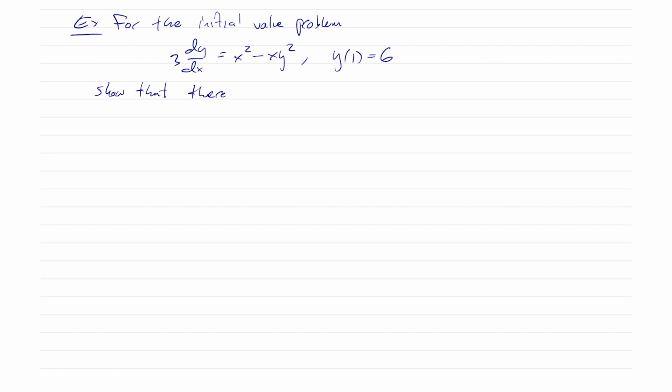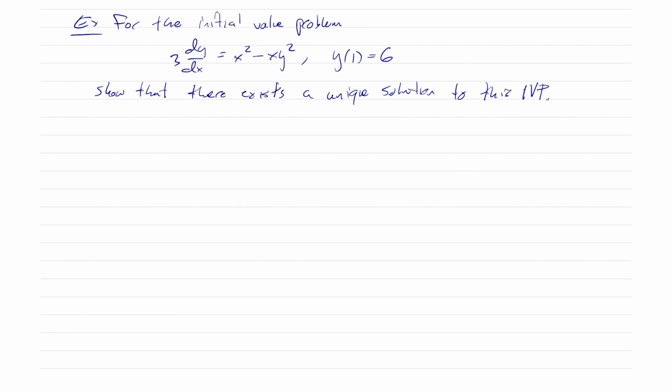For the initial value problem where we have 3 dy/dx is equal to x squared minus xy squared, and we have y of 1 is equal to 6, show that there exists a unique solution to this IVP.